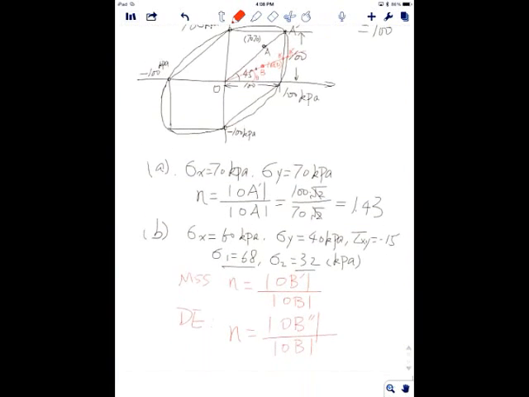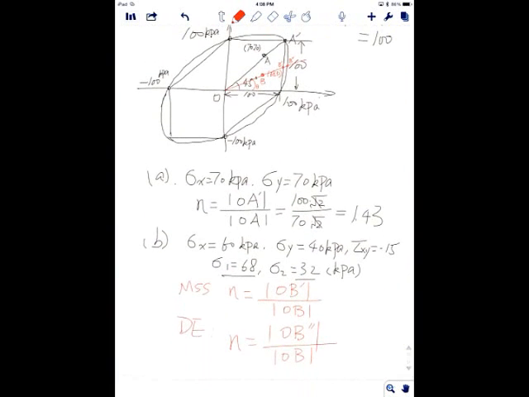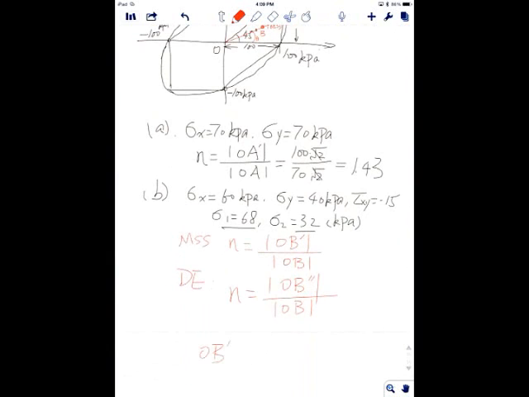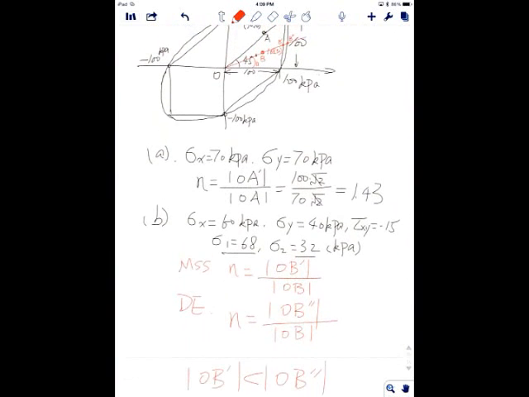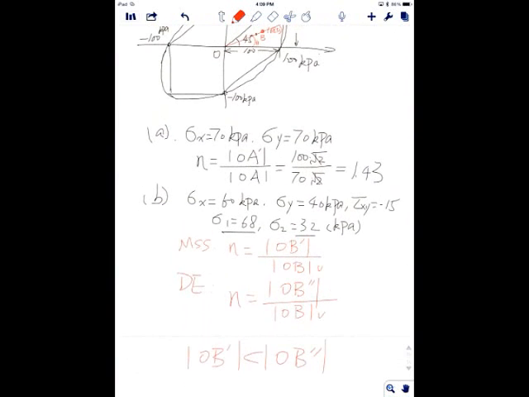So tell me which line is longer, the OB prime or OB double prime? Double prime is longer, right? Okay, so that tells you once you have the same denominator, if the numerator is bigger, of course this number is bigger, right?